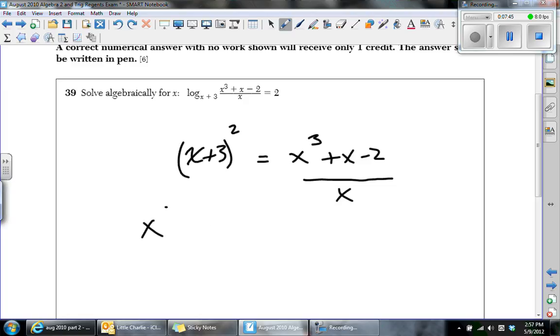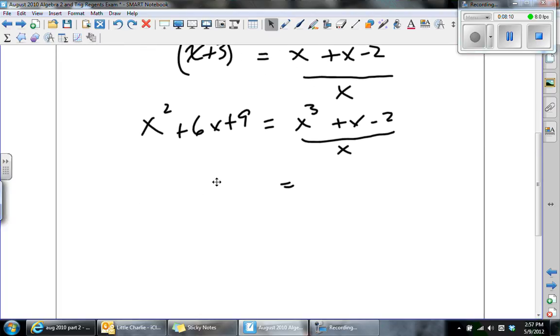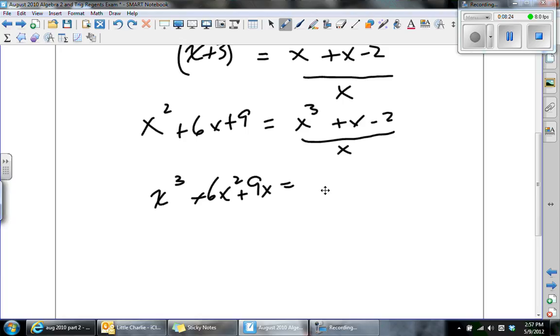When you distribute that out, x plus 3 squared times x gives x to the third plus 6x squared plus 9x, equals x to the third plus x minus 2 divided by x, cross multiplied, which is x to the third plus x plus 2.